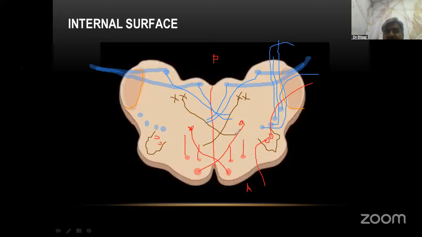It makes up some part of the reticular activating system. So lateral to this one, I forgot one tract. Anyone who remembers?